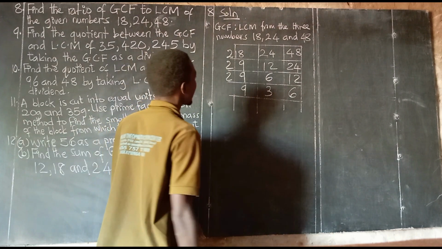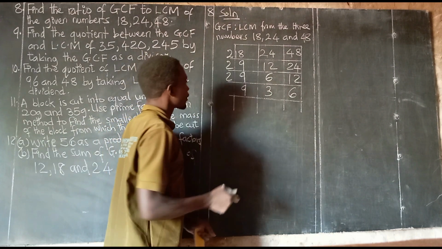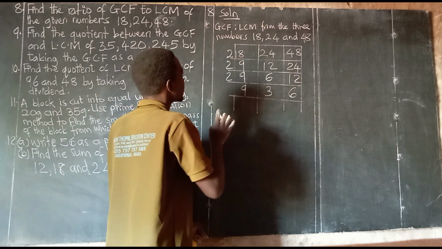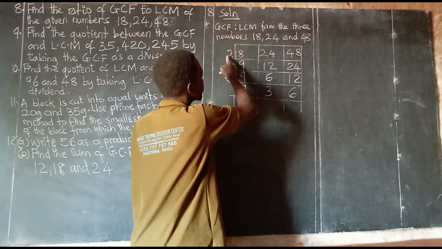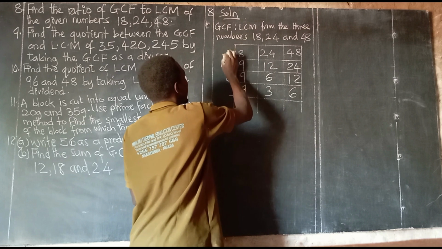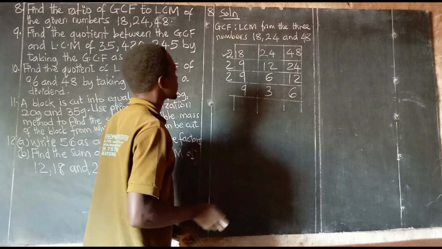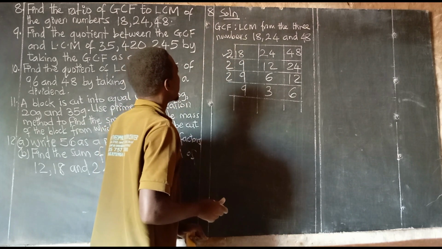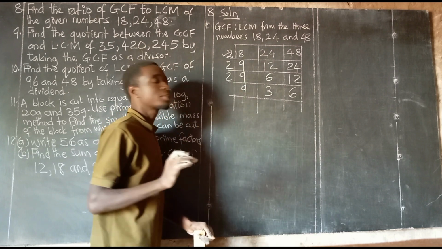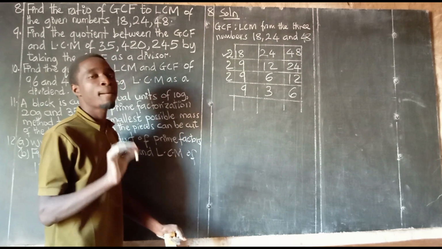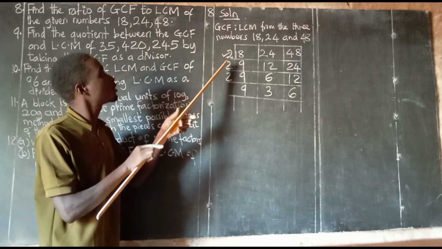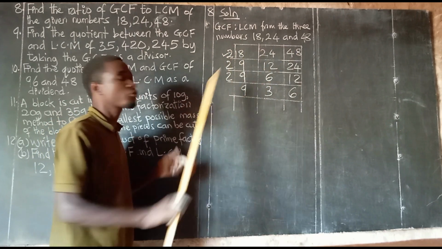After that, before I forget, let us see if there is any prime factor which has divided all the 3 numbers. Here we have 2. 2 has divided 18, 24, and 48. So put a mark so as not to forget it when we reach the stage of finding the GCF. Remember that the GCF is calculated by taking the product of the prime numbers which have managed to divide all the given numbers.